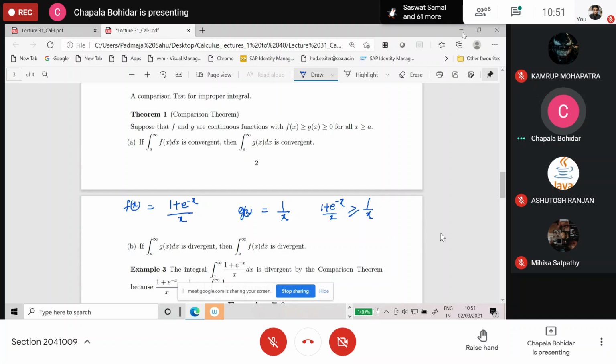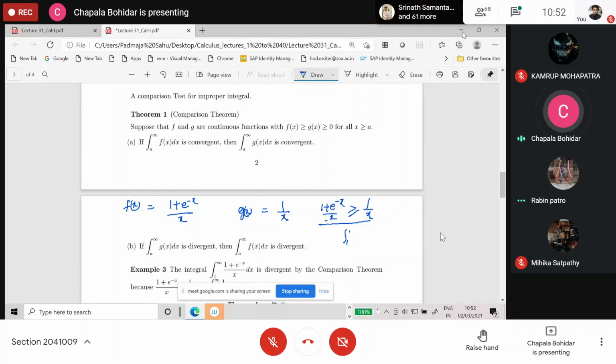It is 1 plus something by x, and here it is only 1 by x, so it is greater than this value. Is it clear? This line is clear or not? Yes, ma'am.